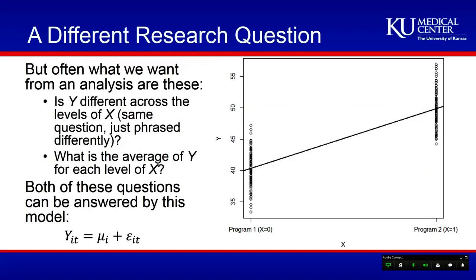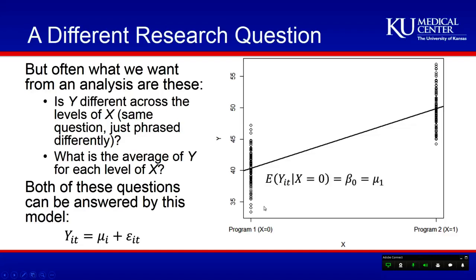So notice the model here at the bottom looks different than it did before. This is what's called a cell means model. It goes really well with a one-way ANOVA where we just have a single X that describes some kind of categorical factor. So mu sub i represents the expected or predicted outcome for each of the i equals 1, i equals 2 programs here.